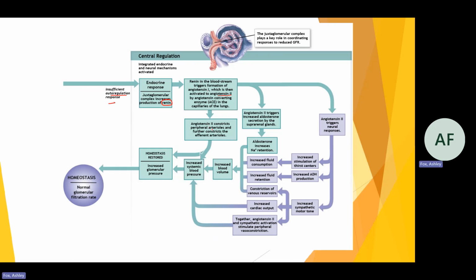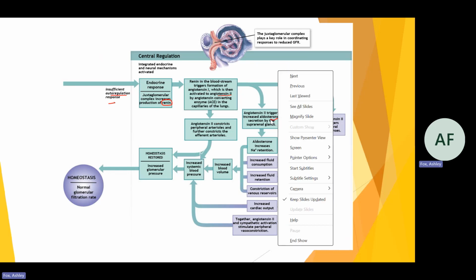Angiotensin 2 at certain levels can help constrict systemic arterioles and can further constrict efferent arterioles, so it can help with autoregulation. But the major one is going to be aldosterone.